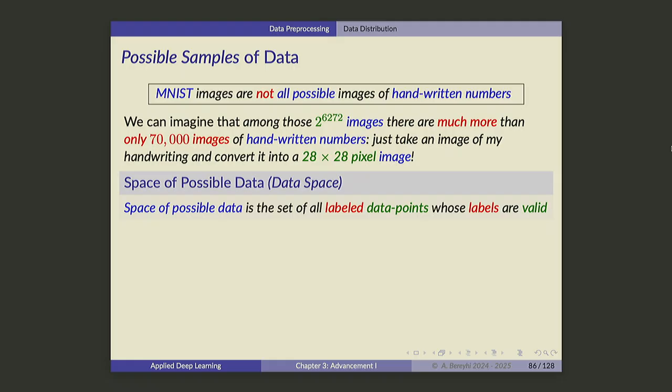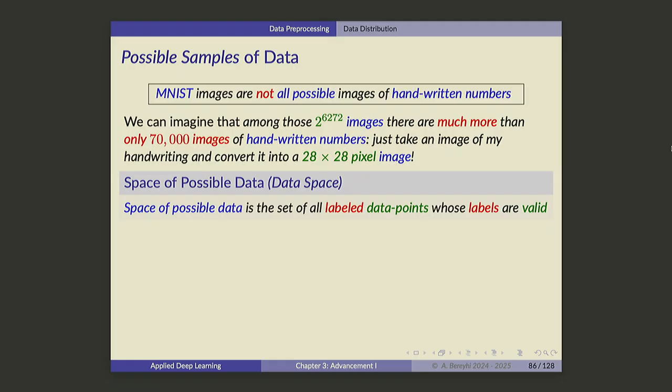So a space of possible data is eventually the set of all, in our case, labeled data points whose label is valid, right? So a handwritten digit has label 0, 1 till 9, and as long as you have 28 by 28 pixels which can be labeled like that, then that is one possible data point, right?